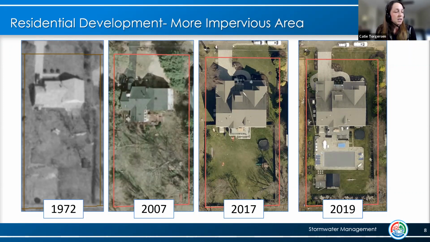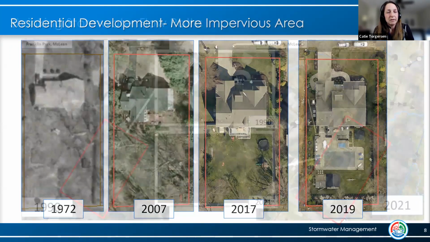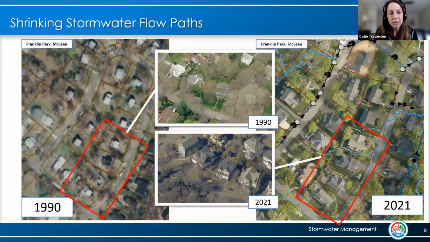And in doing so, these lots that were originally sized with 30% impervious coverage of a small house with a driveway now have over 50% cover. And that generates a lot more stormwater runoff.